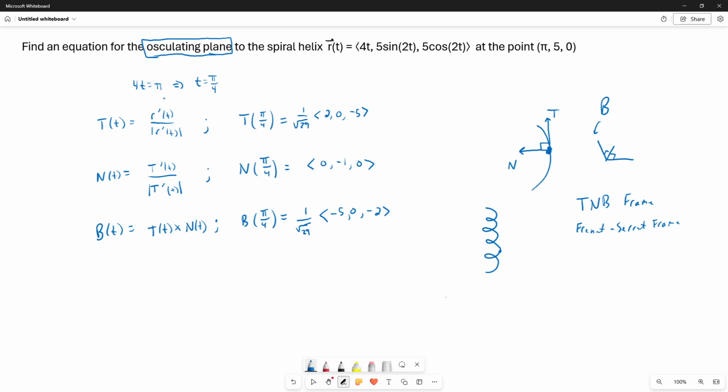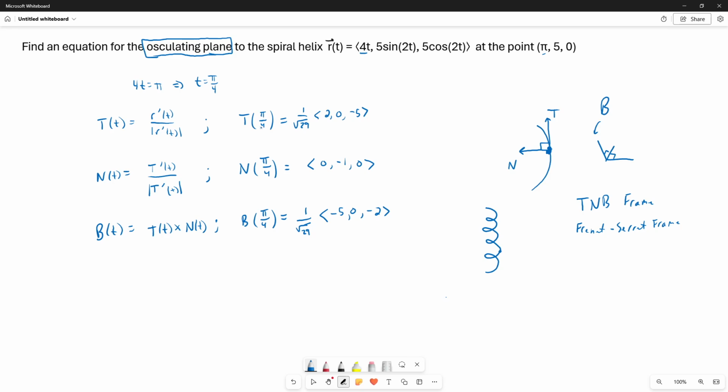and we've analyzed this spiral helix in previous problems and videos, and the time t when the helix is at this point is pi over 4. We can see that from just setting 4t equal to pi. And then the unit tangent vector is r prime of t divided by the magnitude of r prime of t.